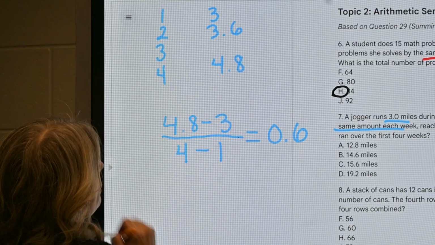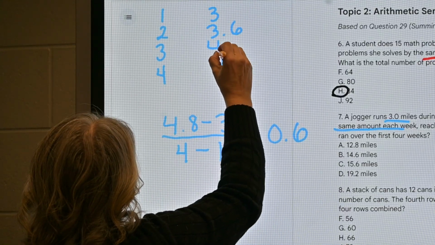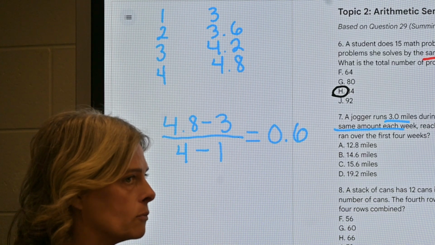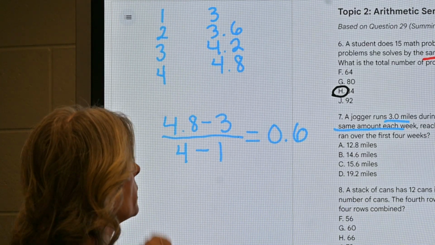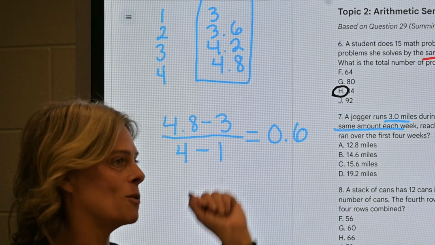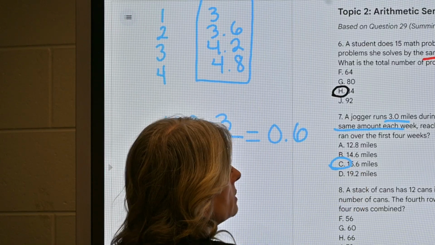Then the third week, we're going to add 0.6 again, so 4.2. And just to double check yourself that you got the right slope, this should be 0.6, okay? And it is 0.6, so now add them all up. And somebody already told me the answer. What is it over there? 15.6. 15.6, good job.